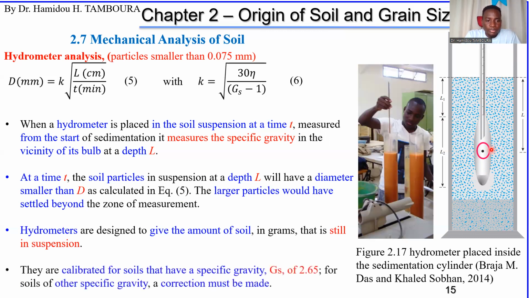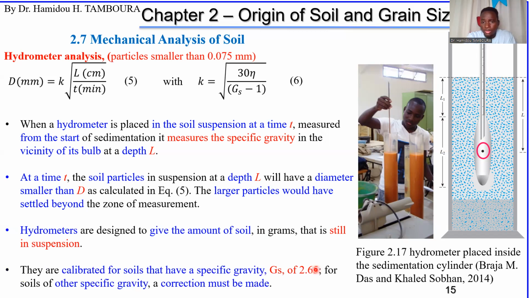So this hydrometer is calibrated to give specific gravity for a soil of like 2.65. So if your soil has a different specific gravity, you must correct this.